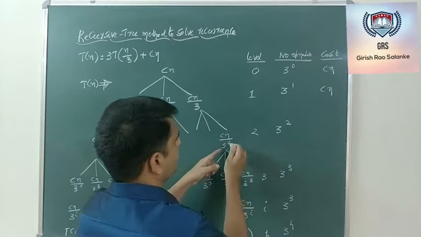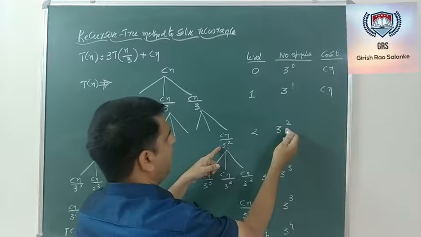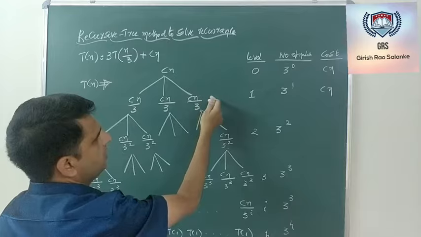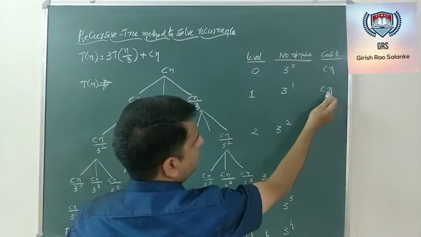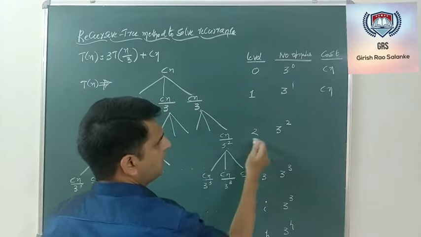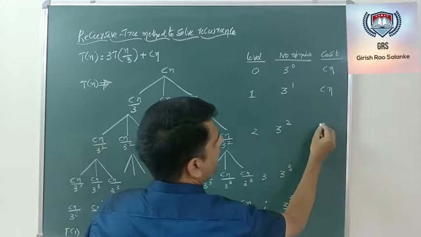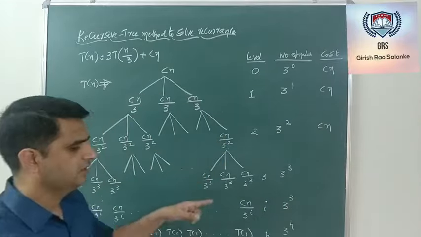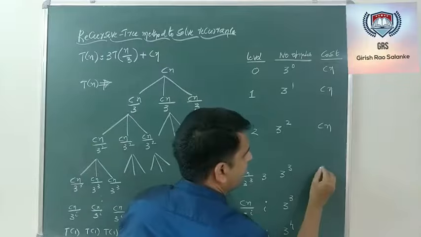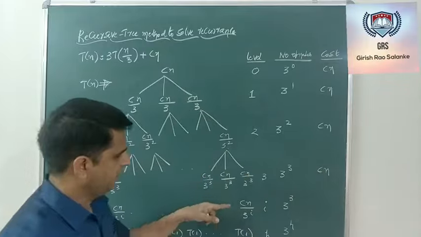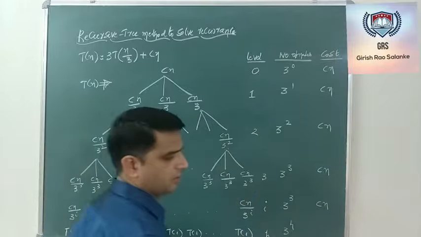Similar to the previous one, where it was 3 into Cn by 3, the 3s got cancelled and I am left with only Cn. Even in this case, it is 3 square multiplied by Cn by 3 square, and I am left with Cn. Similarly at level 3 I will get Cn, and even at the ith level I will get Cn only.